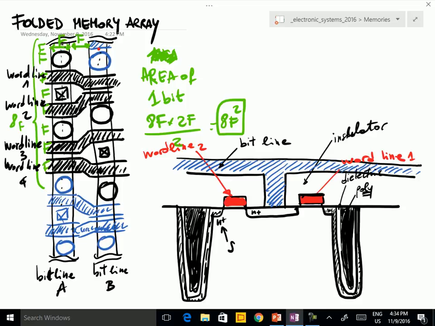So the key to the success of the DRAM actually has been the capability of fabricating these vertical capacitors. Because only the fabrication of vertical capacitors could allow a very small area for each memory cell.